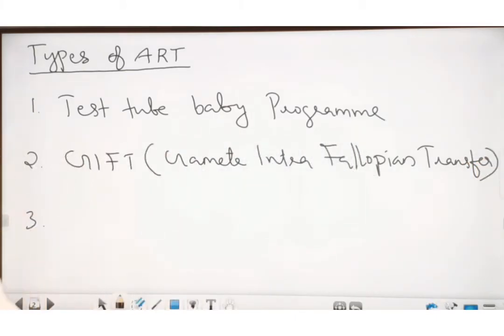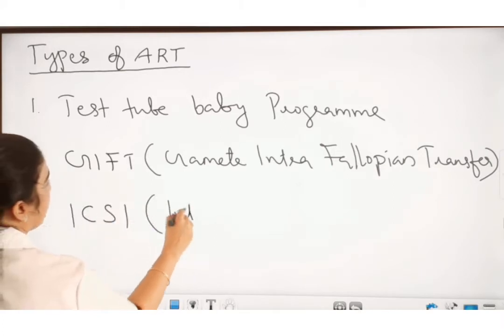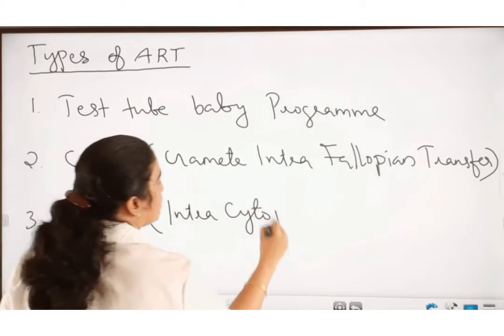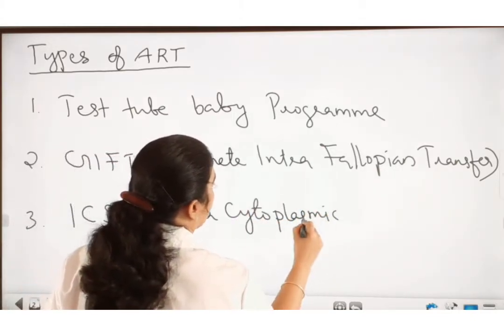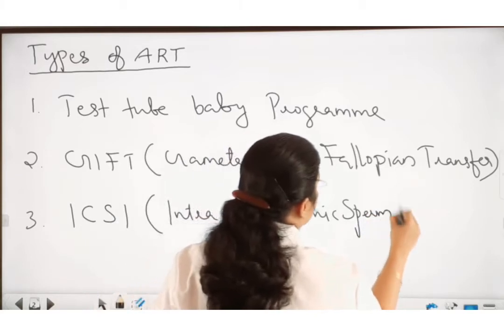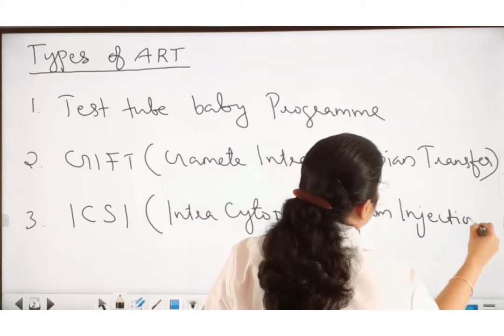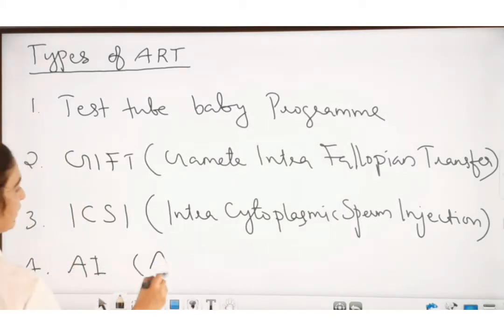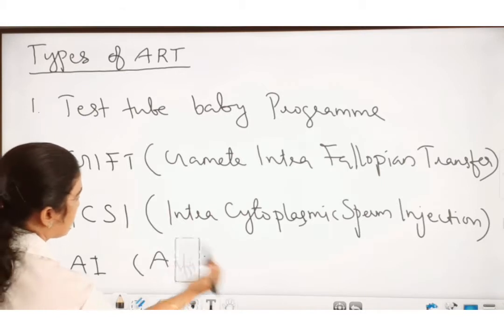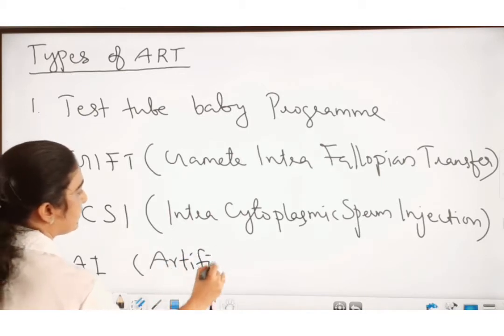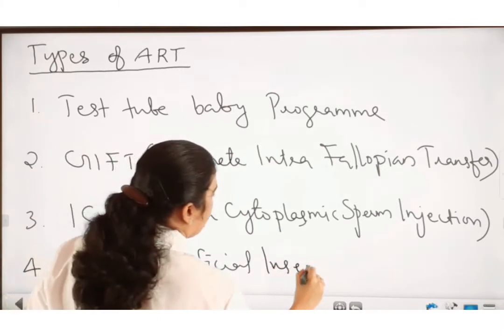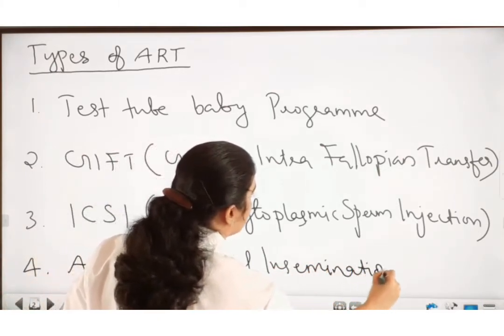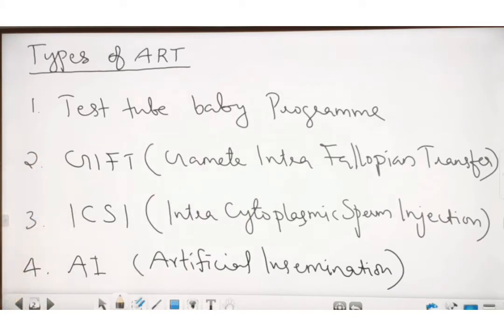And the third ART is ICSI, that is intracytoplasmic sperm injection. And the fourth ART is AI, that is artificial insemination. So these are the different types of ART, assisted reproductive technologies.